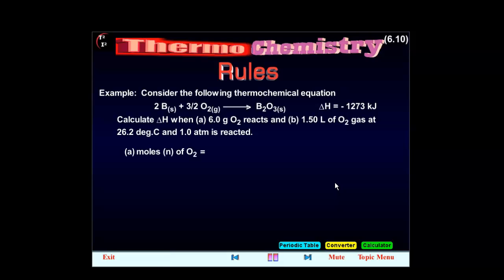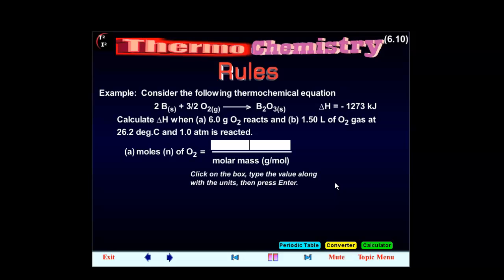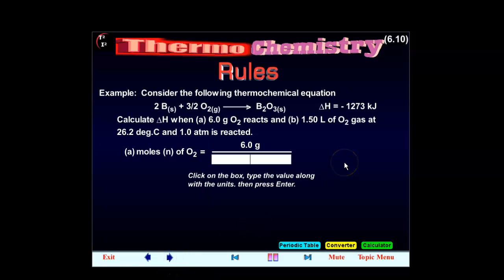A. Moles n of O2 equals mass in grams divided by molar mass in grams per mole.